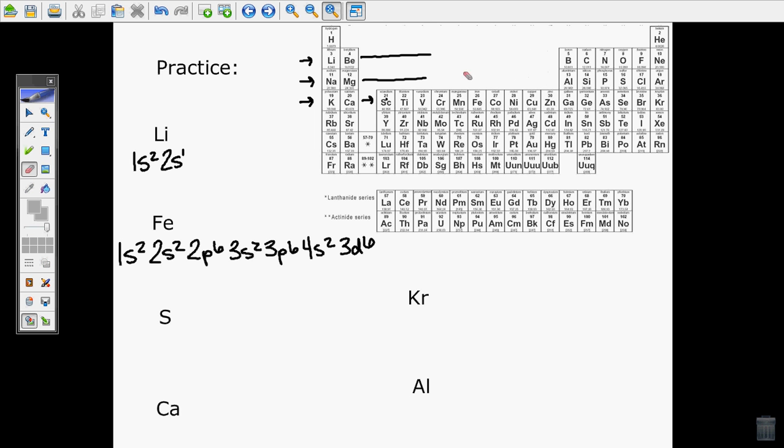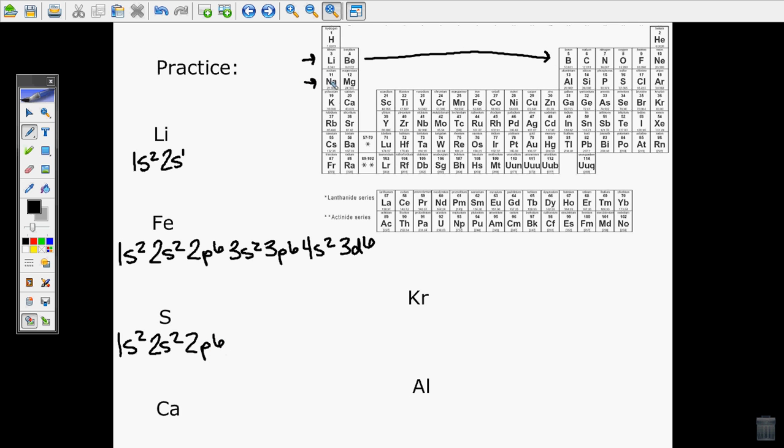So now we want to do sulfur. So we'll start at hydrogen, 1s1, 1s2. Now I'm here, 2s2. Keep reading across. 2p, 1, 2, 3, 4, 5, 6.